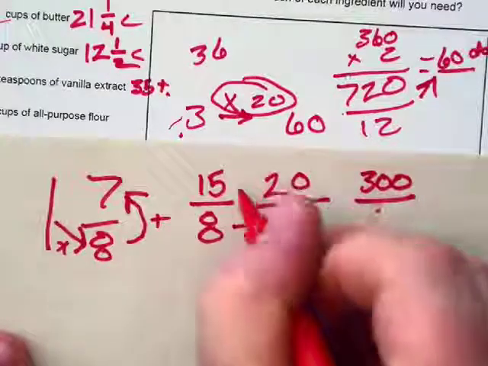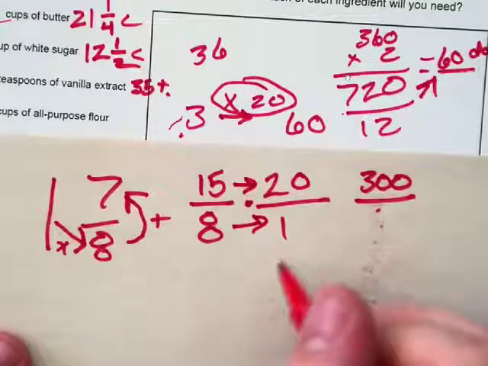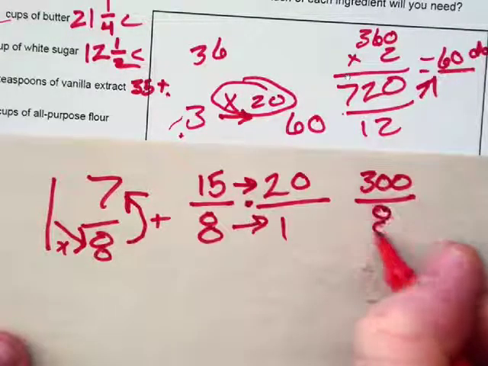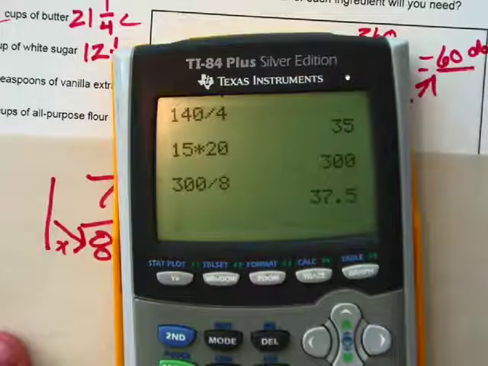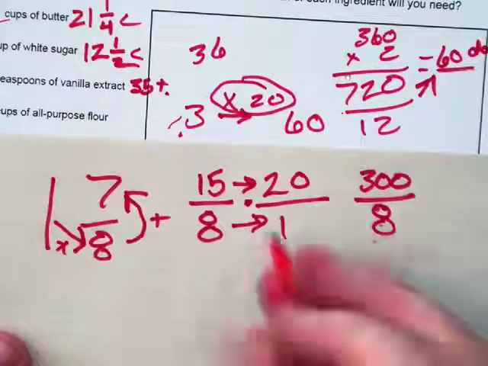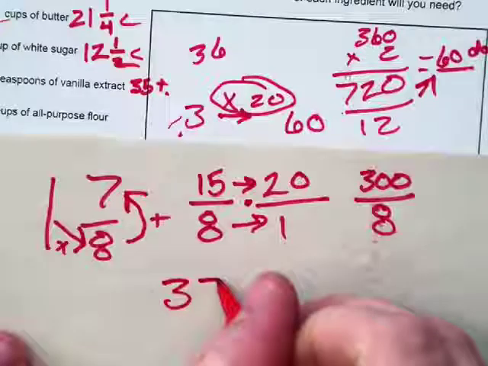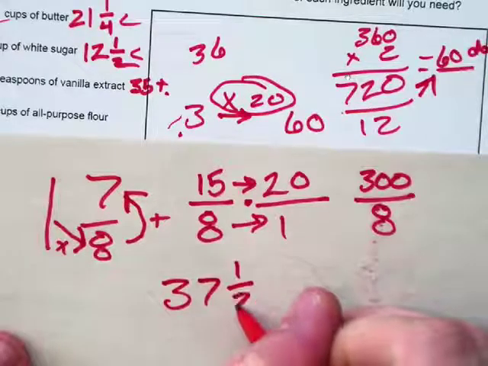So when you multiply fractions, you just multiply straight across. 8 times 1 is 8. And then divide. 300 divided by 8 is 37.5, which is the same thing as 37 1/2.